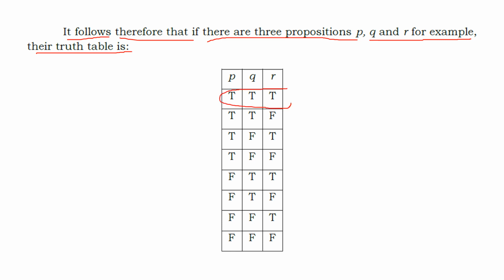The truth values of these three propositions start with a triple T here. That means that each of the propositions given to us, your P, Q, R, have the truth value which is true, as you can see. And we end up with the idea that these three propositions are false statements. That's why their truth values are false.